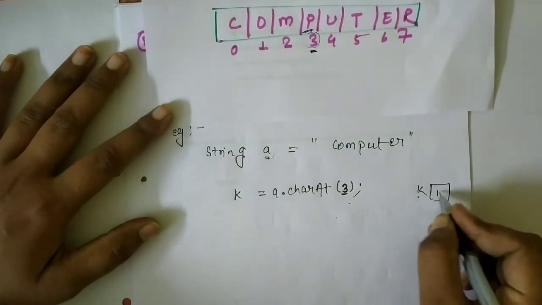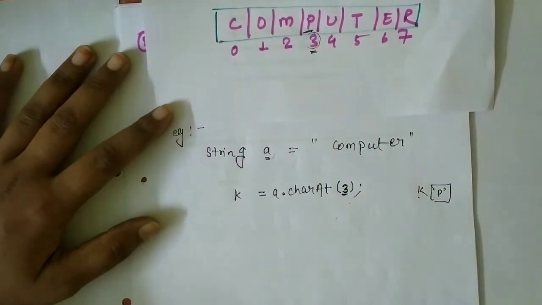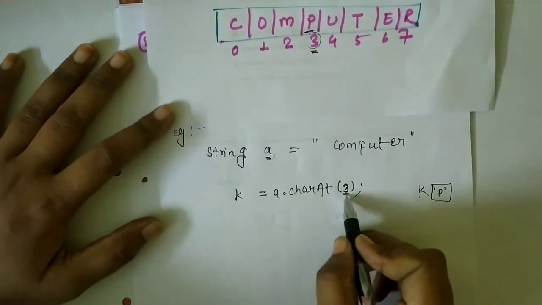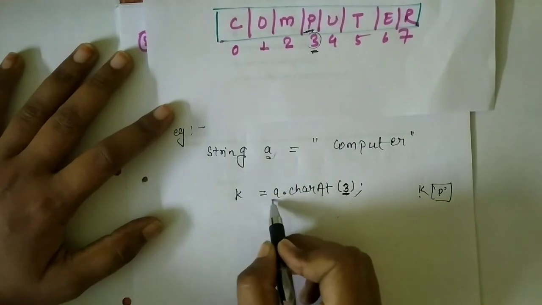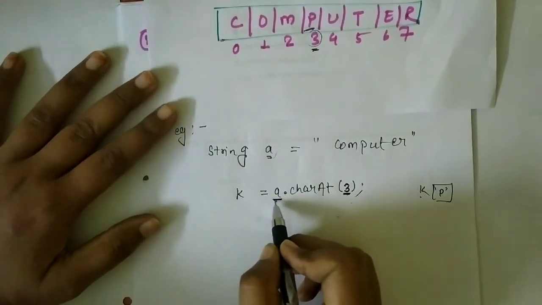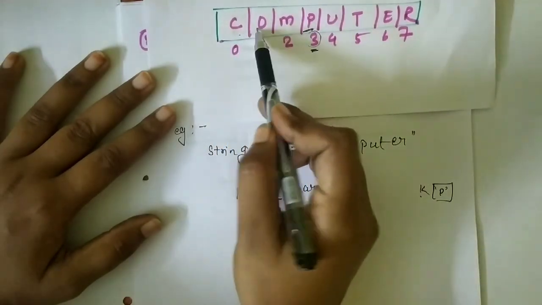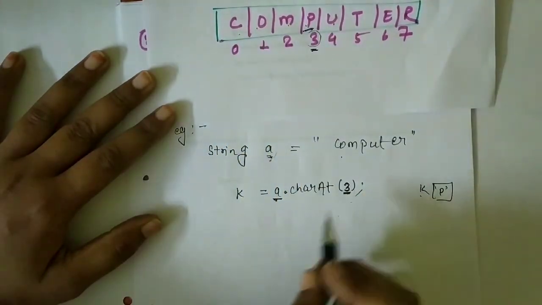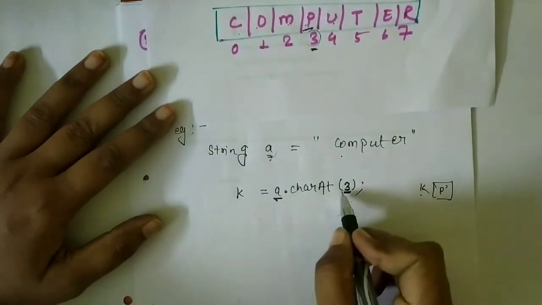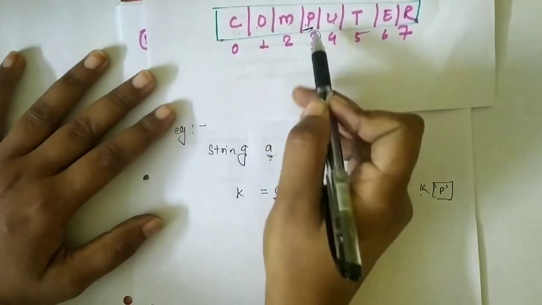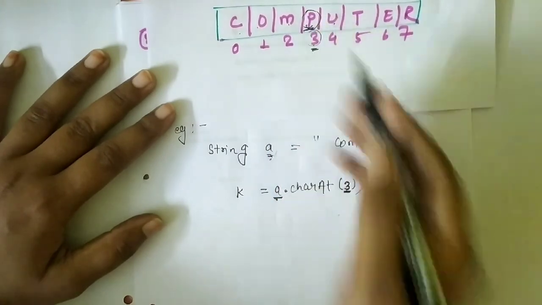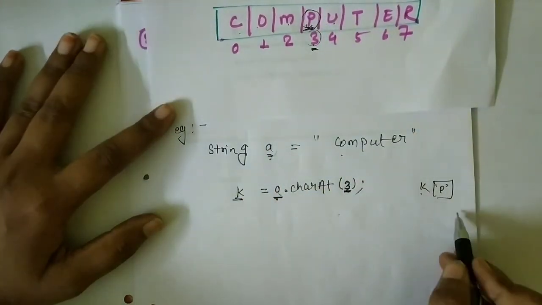The value of K is P, because in the 3rd position of the string a, whose value is computer, the value is P. So the value of K is P.